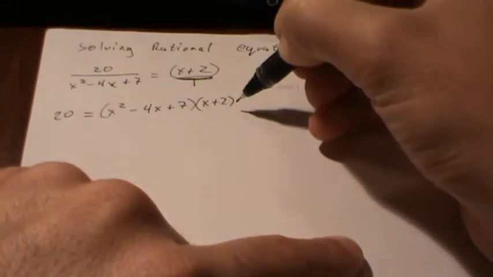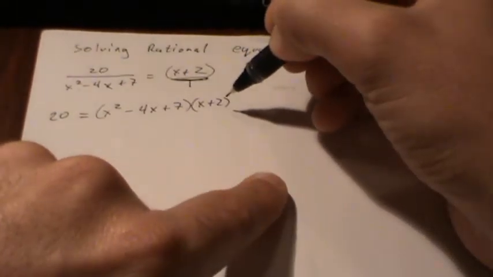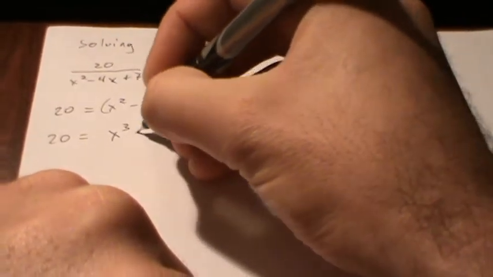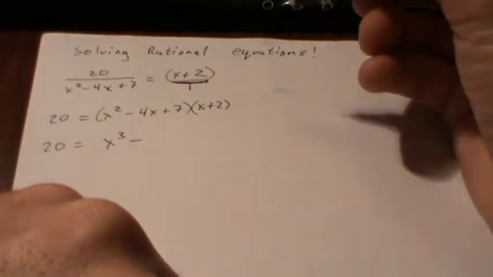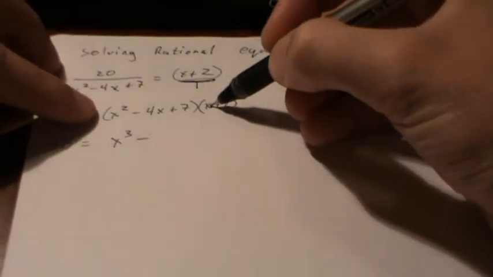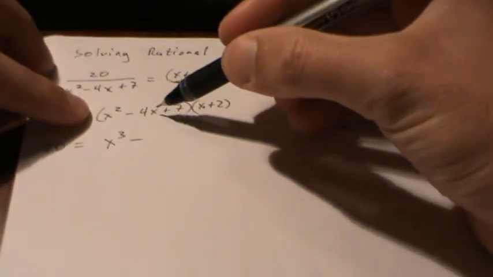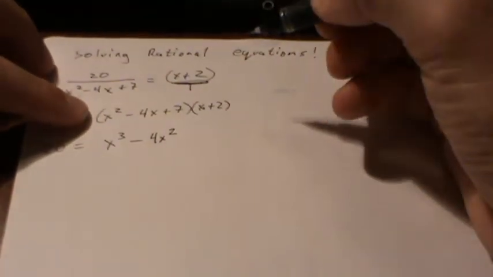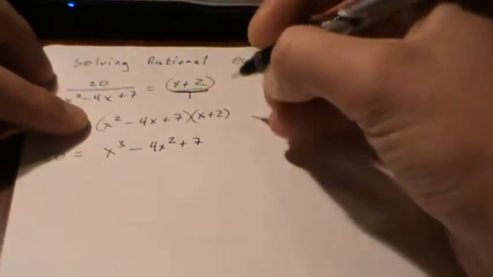And now I'm going to have to multiply this out. 20 is equal to x to the third, this times this. Then I've got x times a negative 4x squared, or minus 4x squared. This x times that, plus 7x.